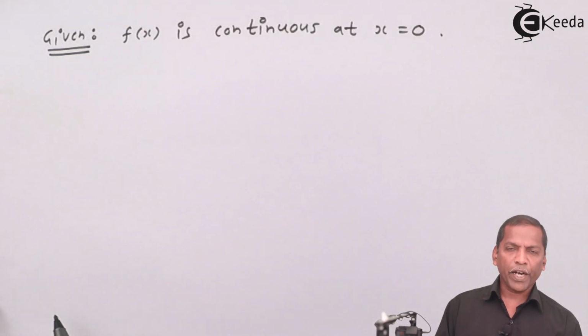Therefore, by using definition of continuity, we have limit x tends to 0 plus f of x is equal to limit x tends to 0 minus f of x is equal to f of 0.